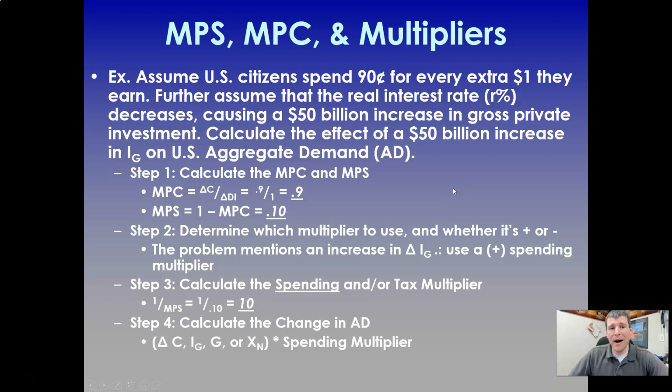We multiply that by 10, and we get ourselves $500 billion in aggregate demand. So that initial change in spending of only $50 billion increased aggregate demand potentially by up to $500 billion. So this is the multiplier effect. You have greater change in aggregate demand and GDP than we saw with that initial change in spending.